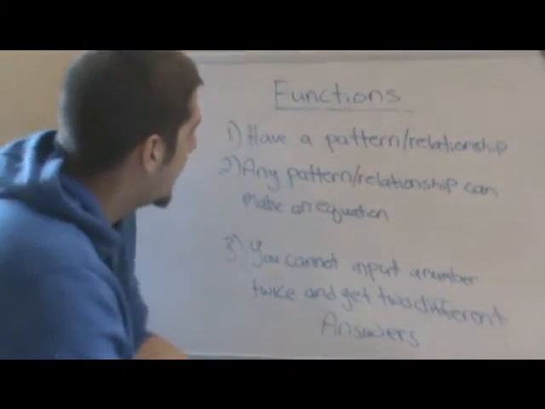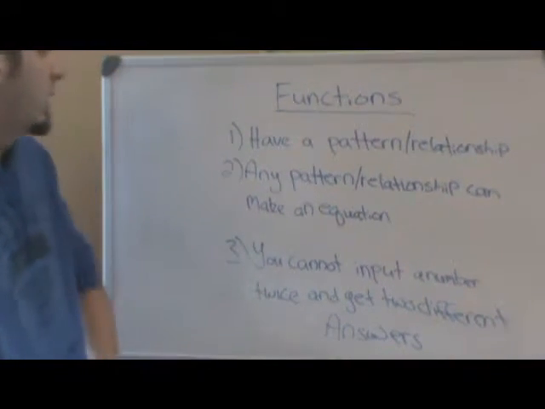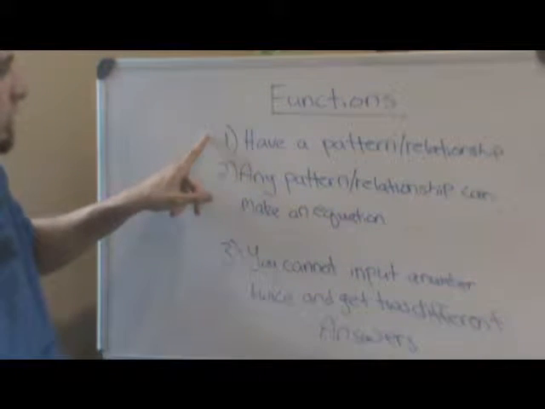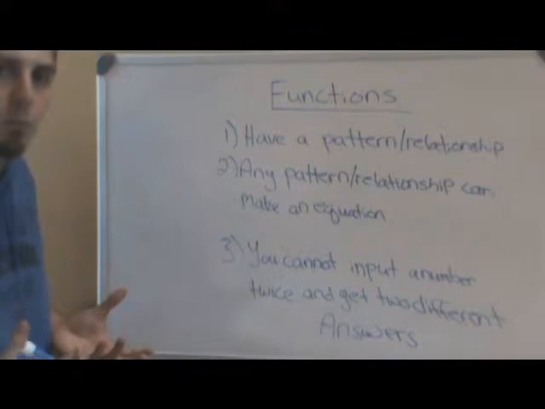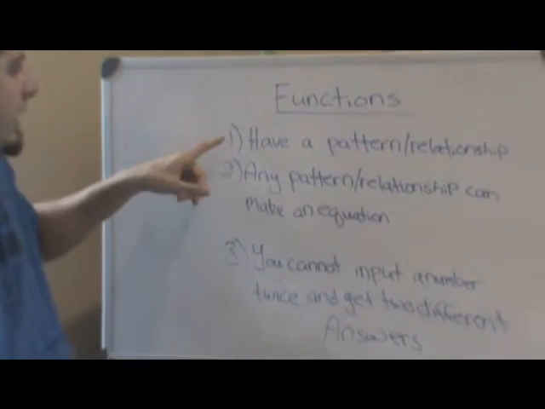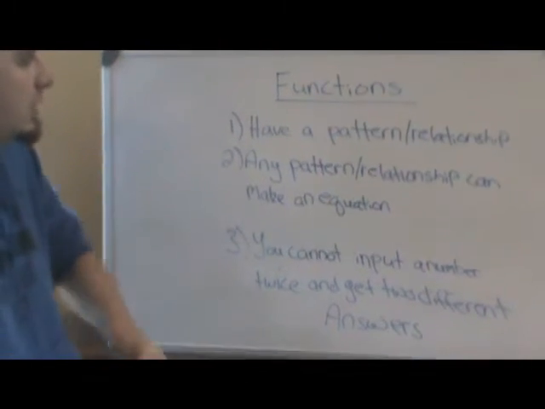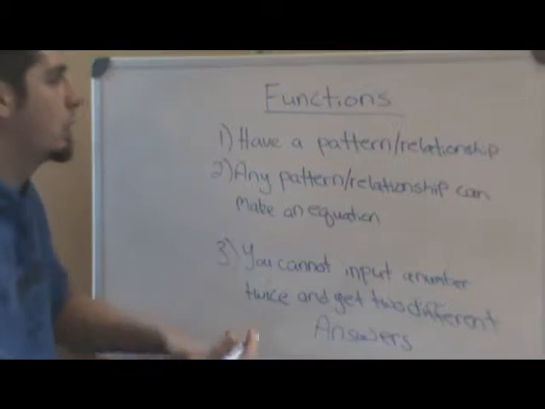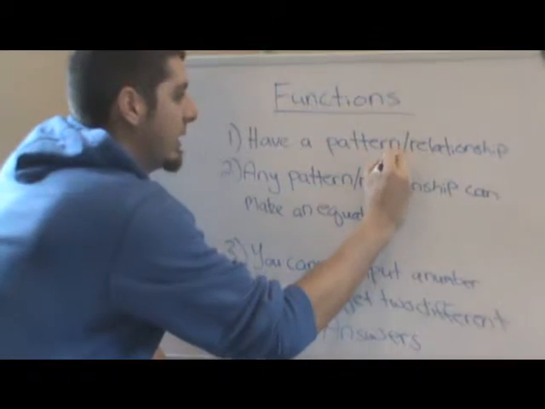So, some things just to review about functions that we've established so far. What's special about these groups of ordered pairs is that there is a pattern or relationship between x and y, between the x and y coordinates. So I'm going to write that in there.